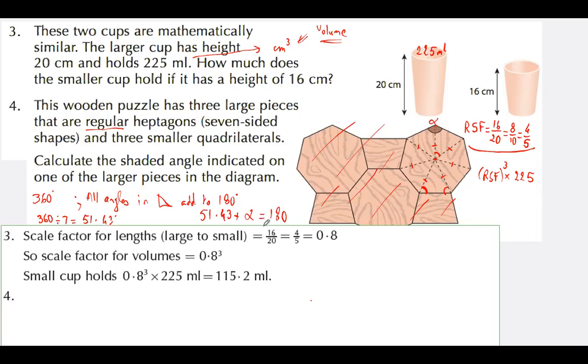So what is alpha is the question they've asked you. To get rid of something that's been added to alpha, you take it away on both sides. 180 minus that answer is 128.6.